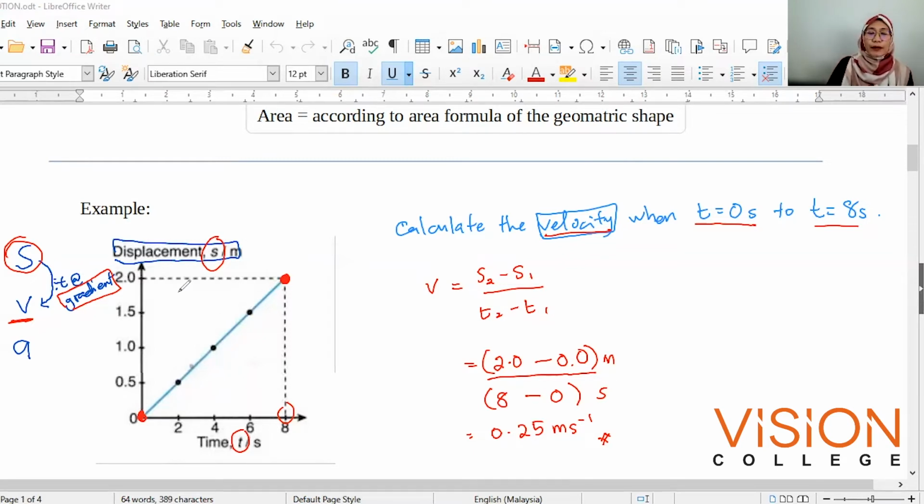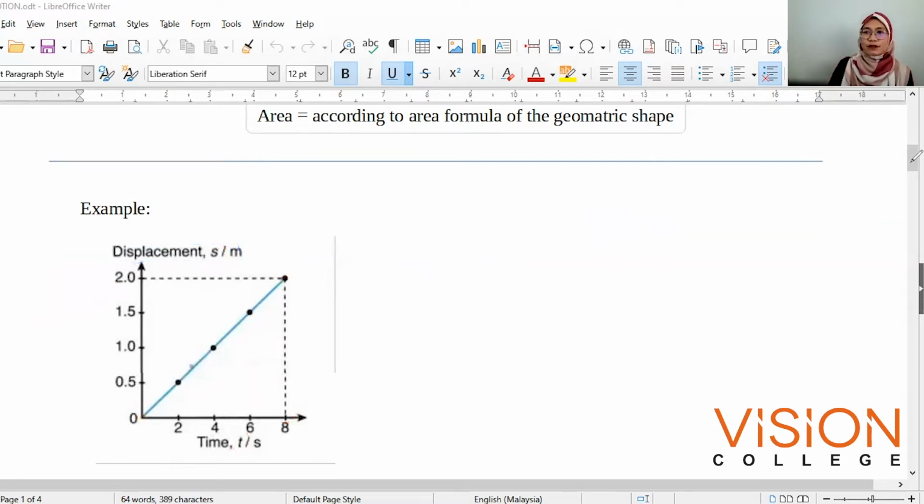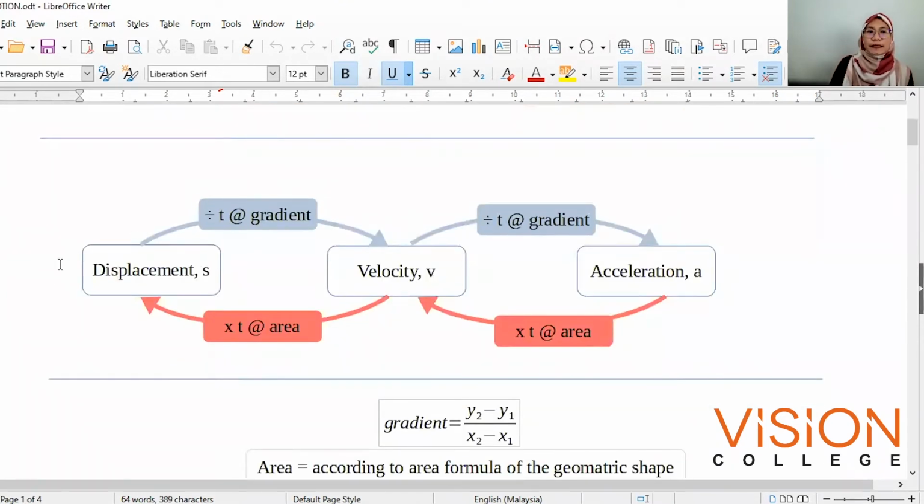When you want to find it, you just have to remember the relationship here. This is vital. As long as you know the relationship between one and another, it will be easy for you to analyze the motion graph.